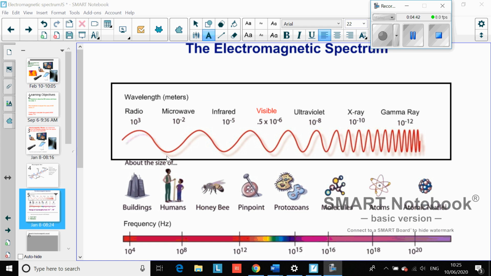The first thing you need to know is what the different types of electromagnetic waves are and what order they appear in. The longest waves that we know of are radio waves. Those can be 10 to the 3 meters long, so basically, a radio wave can be up to 10 kilometers long, sometimes even longer.